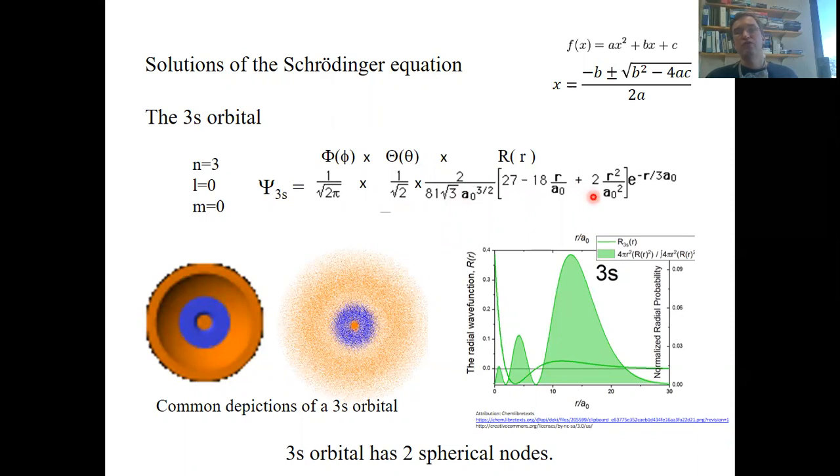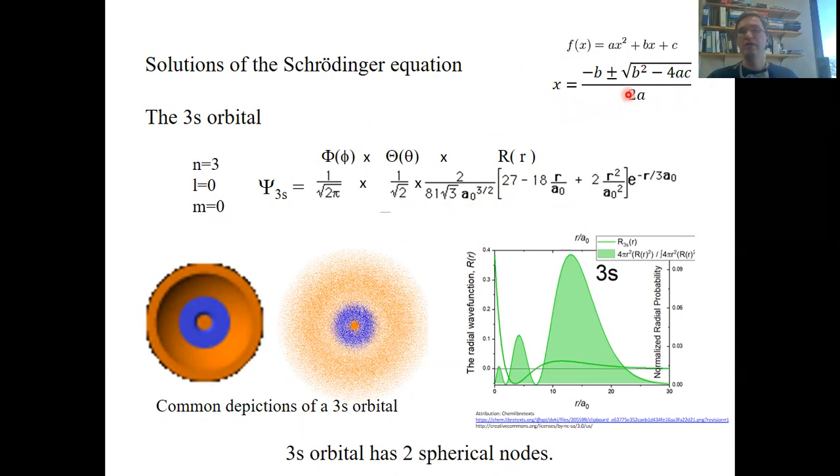If you wanted to find the exact radii at which the wave function becomes 0, we could solve this square function according to the general formula for the solution of a square function.